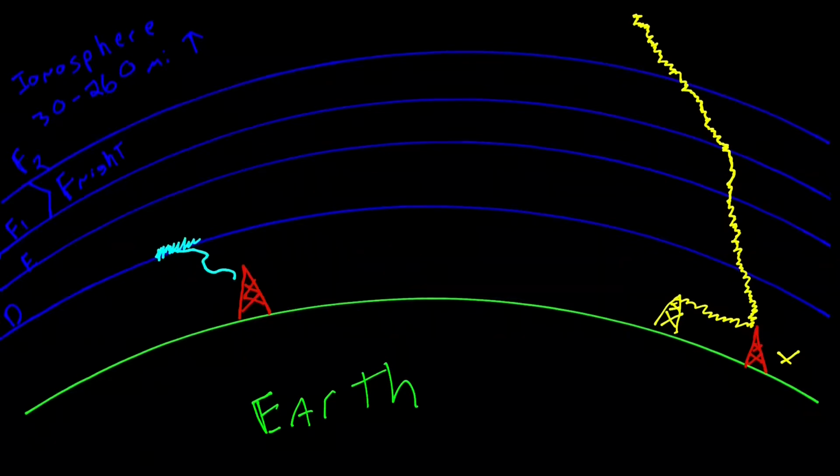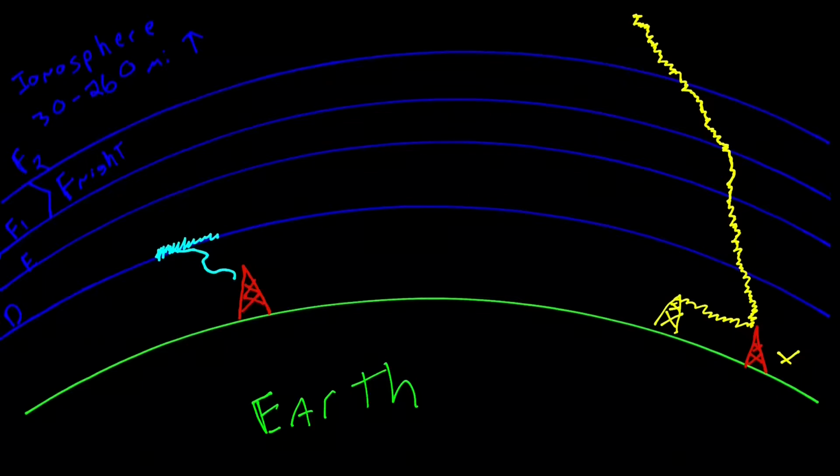So this transmitter is transmitting during the daytime where the D layer is active, but that 80 meter and 160 meter signal is getting absorbed and it's not going anywhere. So 80 meters and 160 meters is really not active during the daytime because it is being absorbed by the D layer of the ionosphere, which is being ionized by UV radiation. So no go on the 80 to 160 meter bands in general.